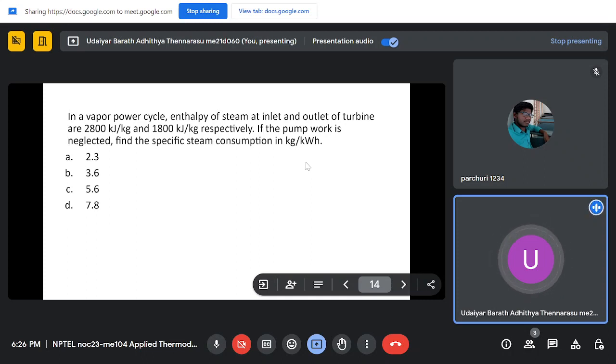If the pump work is neglected, find the specific steam consumption in kg per kilowatt hour. I hope you remember that specific steam consumption is the amount of water required to generate per kilowatt hour of power.